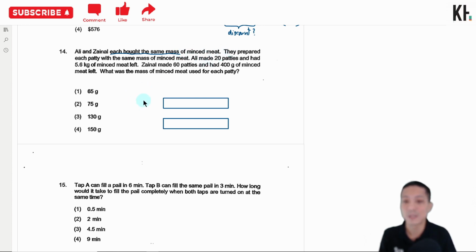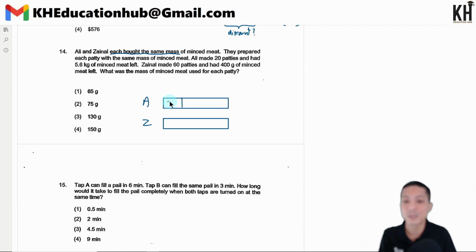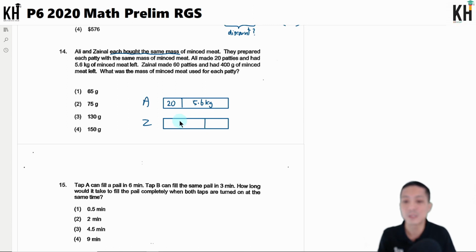So this will be Ali, this will be Zainal. They prepared each patty with the same mass. So Ali made 20, so I'm just going to cut off and write a 20 over here, and had 5.6 kg of minced meat left. Zainal made 60, so maybe 60 is here, and had 400 grams of minced meat left.